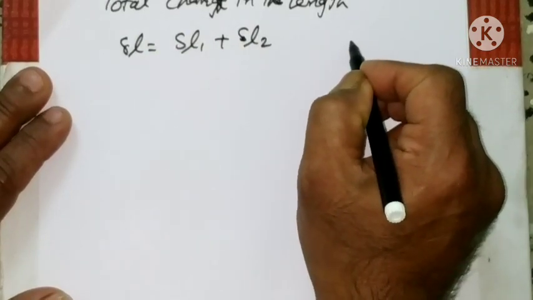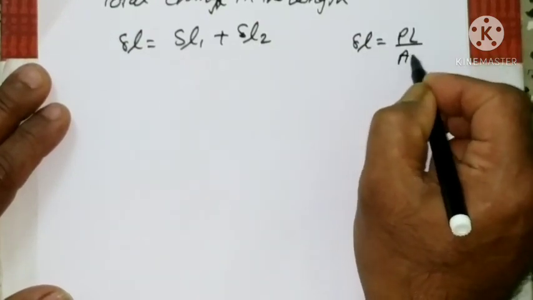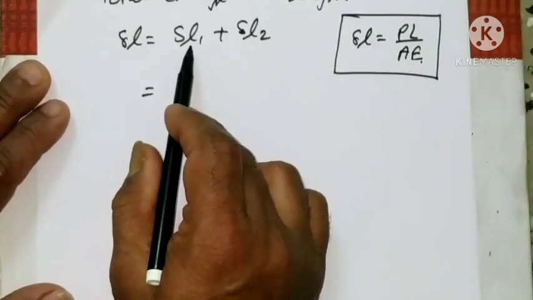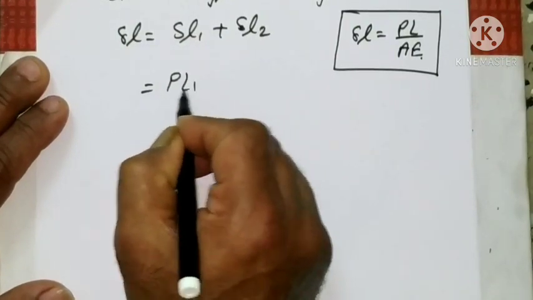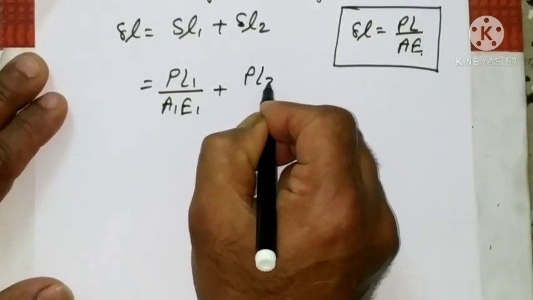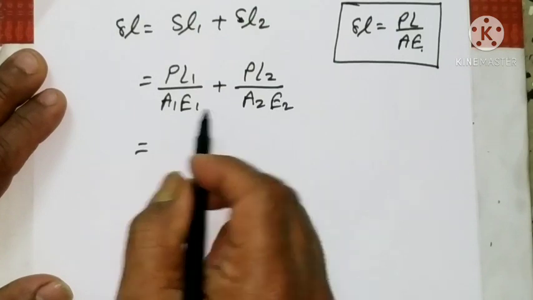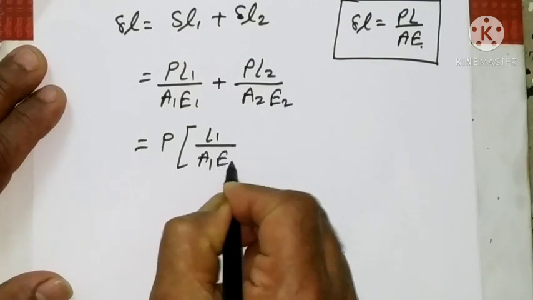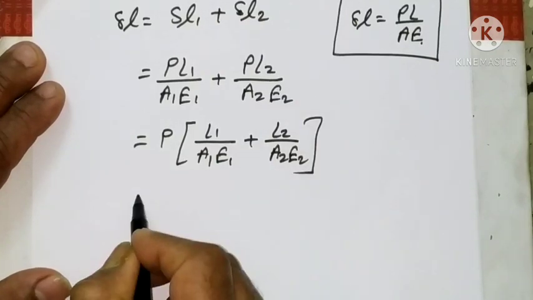According to the formula, change in length delta L is equals to PL upon AE. Apply this formula for delta L1. P L1 upon A1 E1 plus P L2 upon A2 E2. Taking P common outside, P into bracket L1 upon A1 E1 plus L2 upon A2 E2.